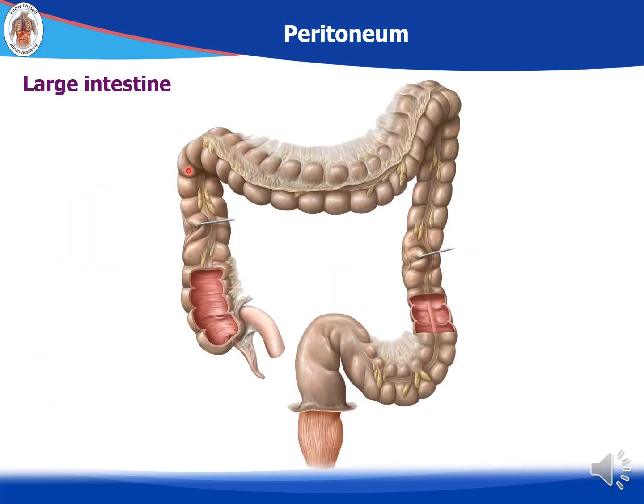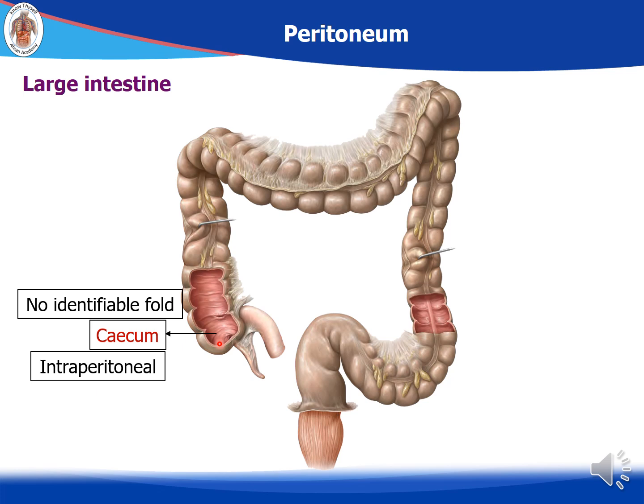This is the photograph of the large intestine. It begins at the cecum, and the cecum is intraperitoneal, so it is supposed to have a mesentery, but this is so small that it cannot be identified as a fold. To this is attached the vermiform appendix. This has a clean cut mesentery.